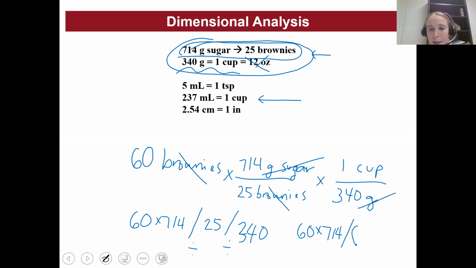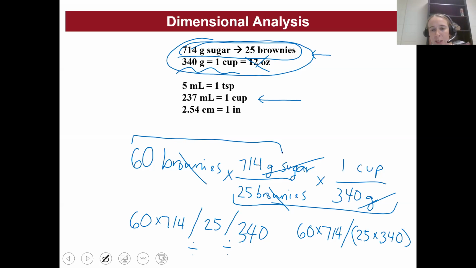Divided by, and then use parentheses, 25 times 340. Because I know you're multiplying across the bottom. You're multiplying 25 and 340 on the bottom and 60 and 714 on top, but you don't want to do dividing and then multiplying, because that won't work. Order of operations will make you multiply the 340 instead of having it in your denominator.